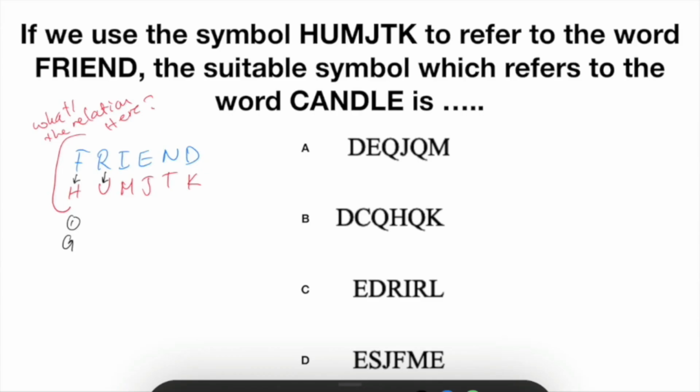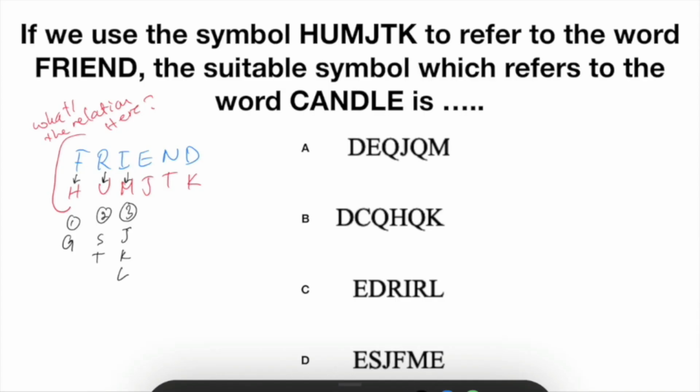So it jumps 2 letters, which are S and T. So what about the following I? The following I can reach from I to M, jumping 3 letters. I, J, K, L, M. J, K, L are the 3 letters between I and M.